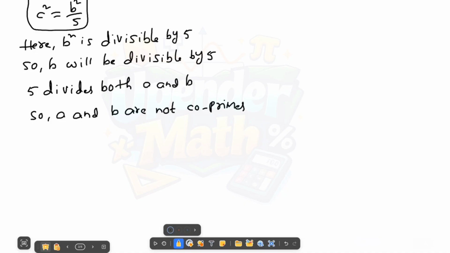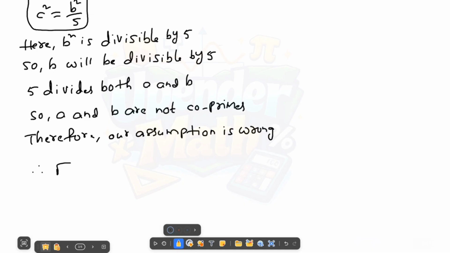We got this contradiction. We have assumed that root 5 is a rational number and it is equal to some a by b, where a and b are co-prime numbers. So therefore our assumption is wrong. So therefore root 5 is an irrational number, not a rational number.